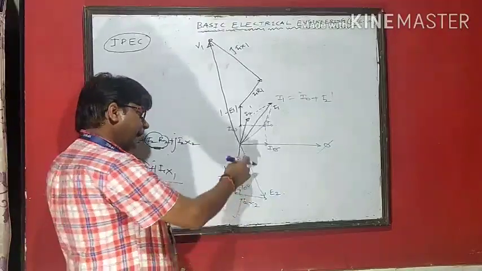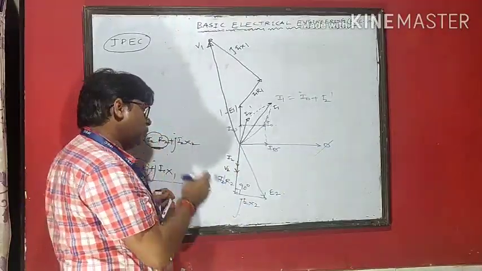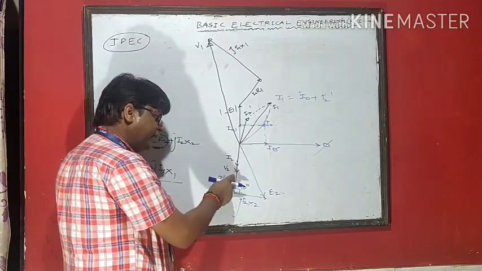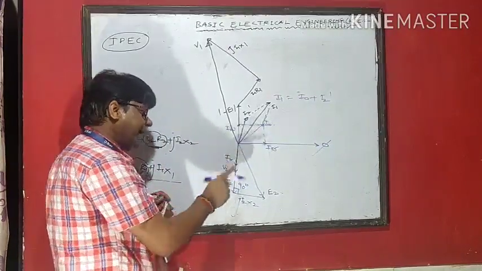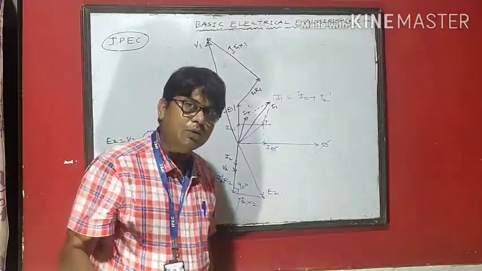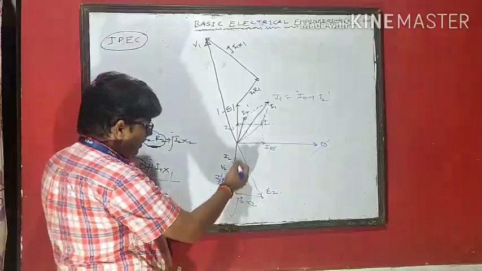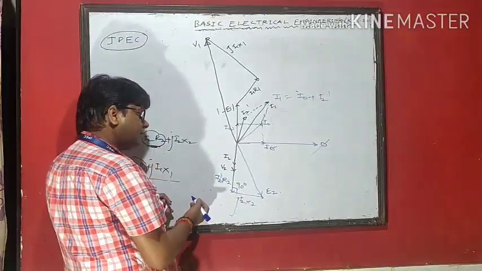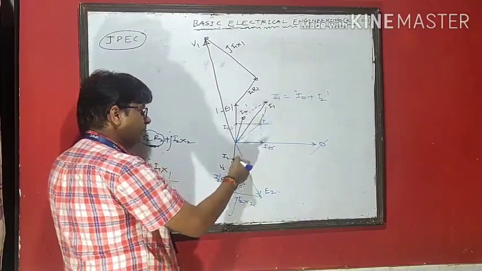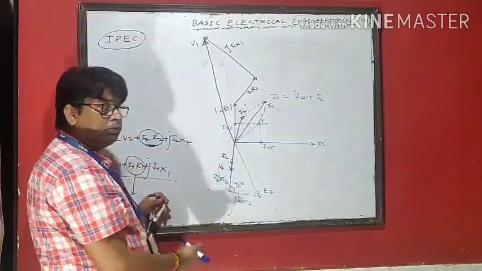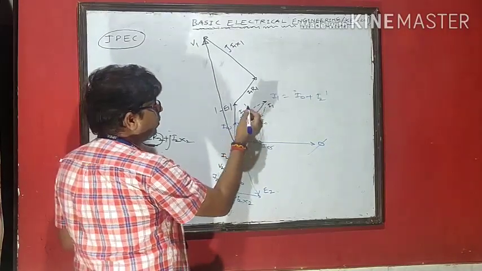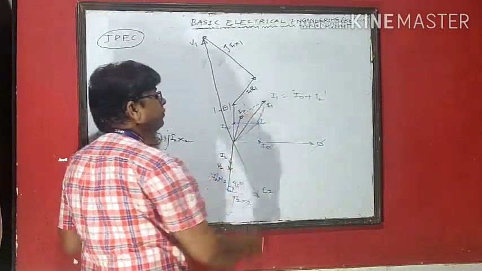Here is the V2. V2 is in the same phase as I2, because the angle between V2 and I2 is 0 for a resistive load. Then I2 dash is opposite to this I2. So I2 is taken here, and the resultant of I2 dash and I naught is I1.